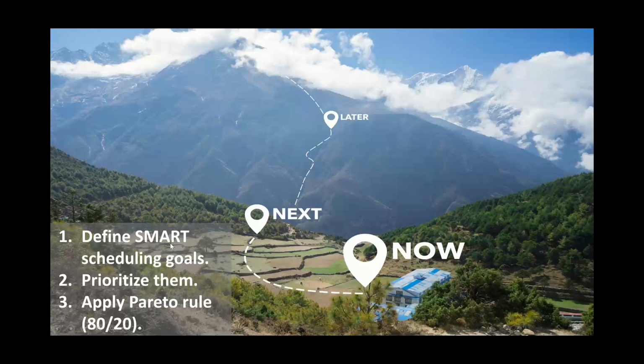Say, this is my number one goal to go for with scheduling software in the first step. Pick the low-hanging fruit and apply the Pareto rule, because you will achieve 80% of the results by pursuing 20% of the goals.